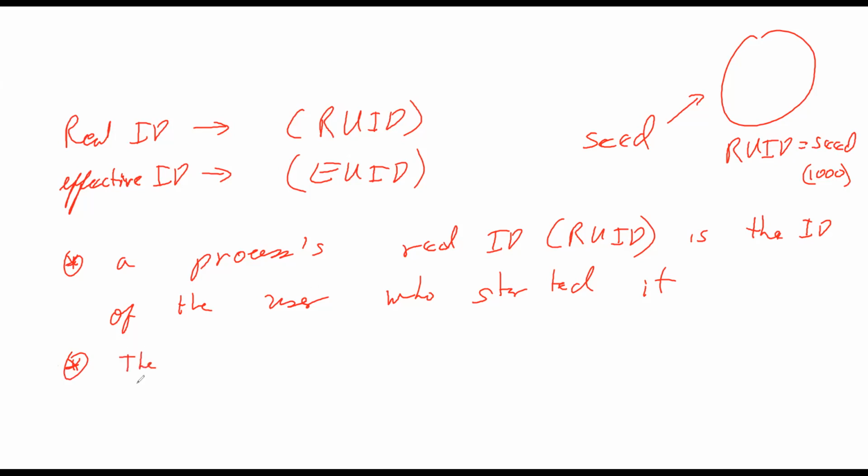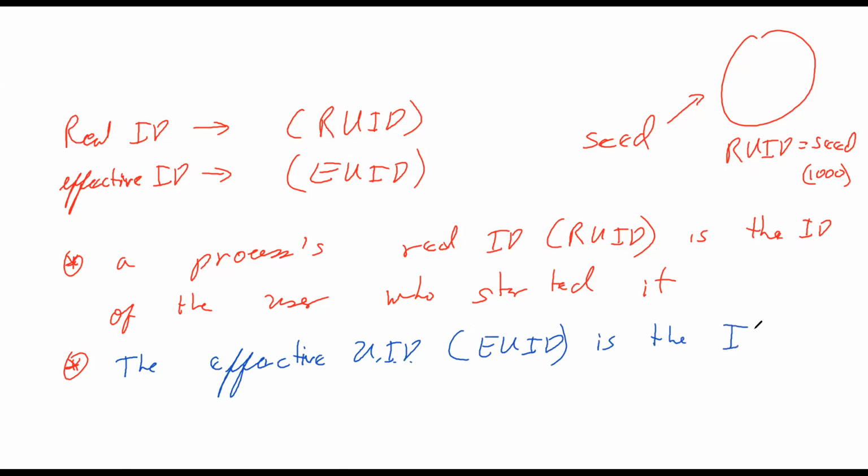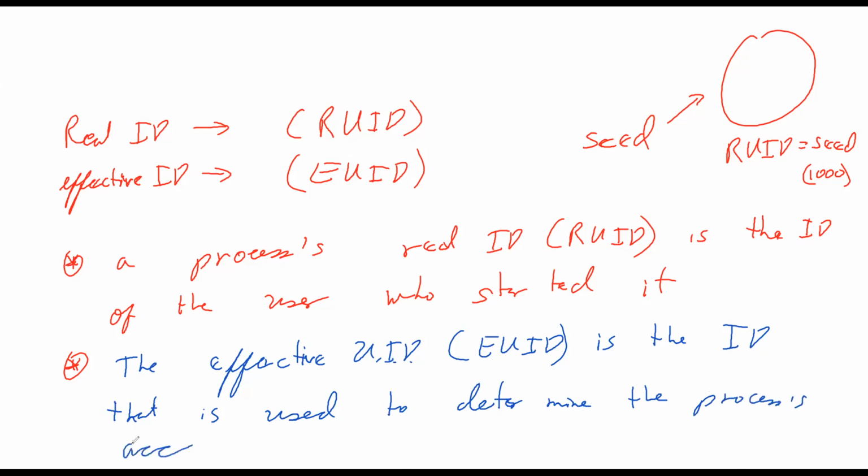The effective user ID, which is the EUID, is the ID that is used to determine the process's access, or access control, right? And this access, of course, is to the system resources.